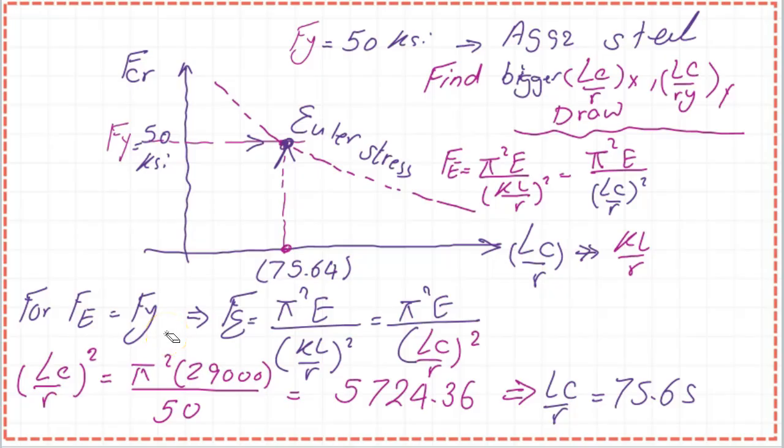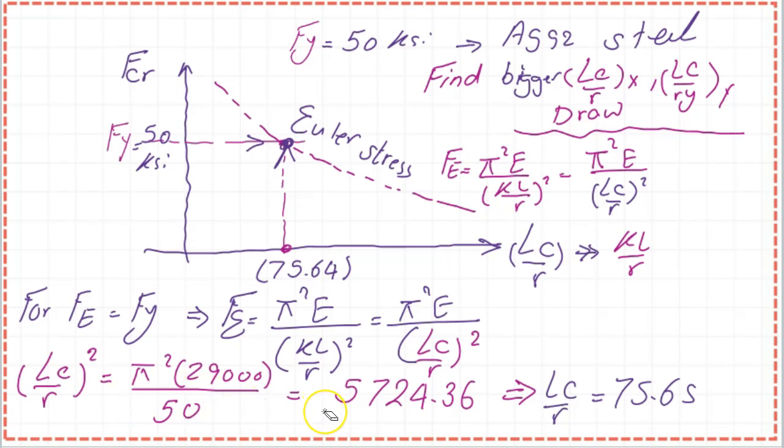We are going to write Fe equals Fy equals pi squared E over (KL over r) all squared. We put on the left-hand side the critical stress as 50 ksi, pi squared multiplied by 29,000, which is the modulus of elasticity. But we are going to readjust the terms: 50 will go to the other side, and (KL over r), or (Lc over r), all squared will come to the left-hand side.